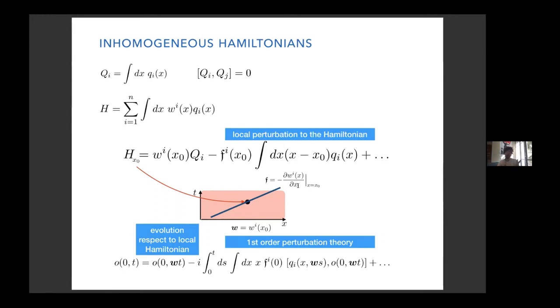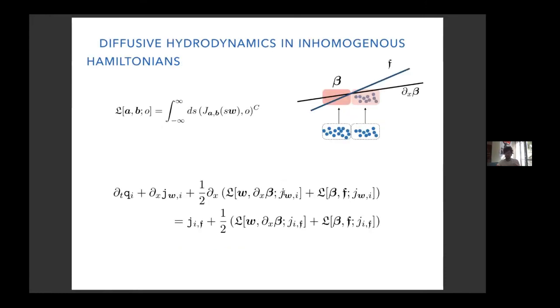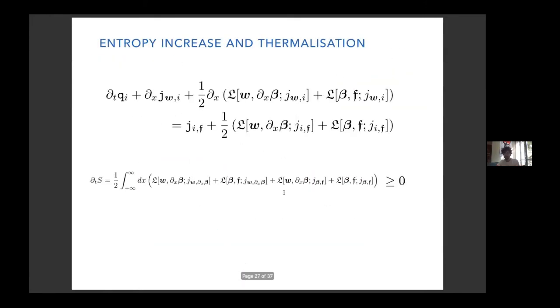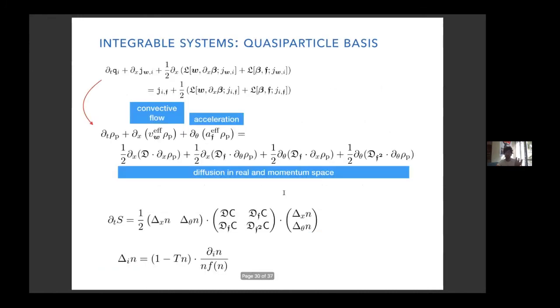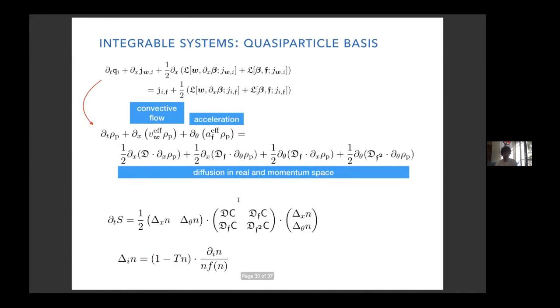Usually you should see some weird divergences. At least in the case of, for example, the Lieb-Liniger gas, you don't see this divergence, and it seems to work well, at least with the classical experiment. But I agree, it's a question of knowing what the validity in time of this equation is.